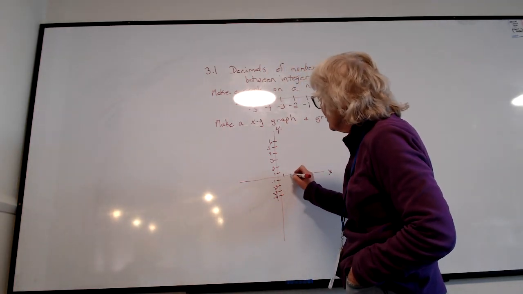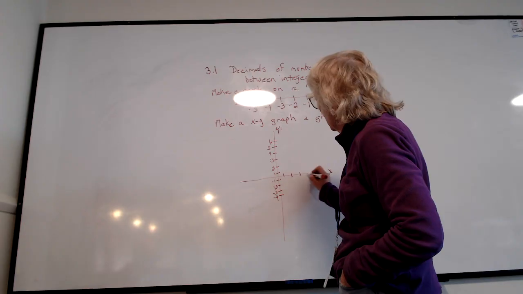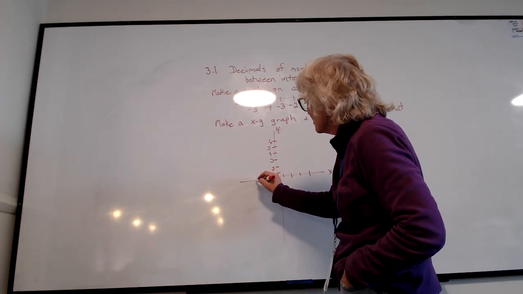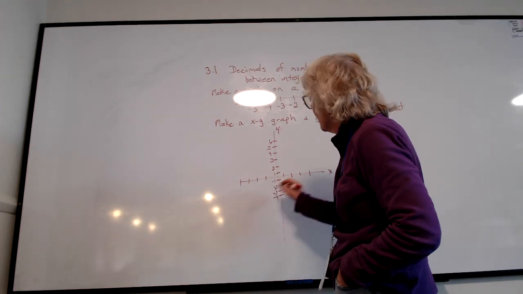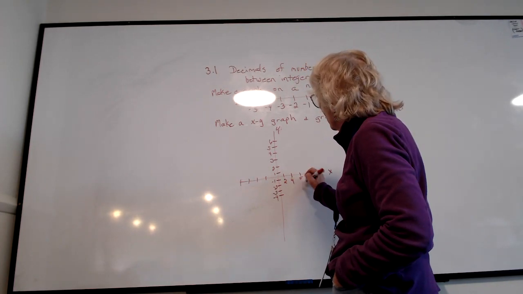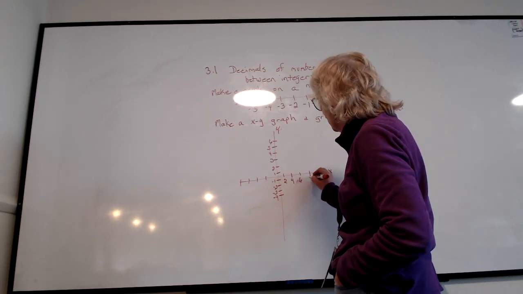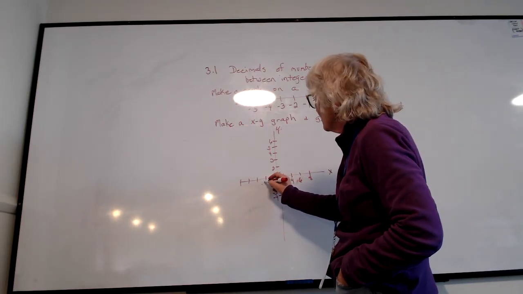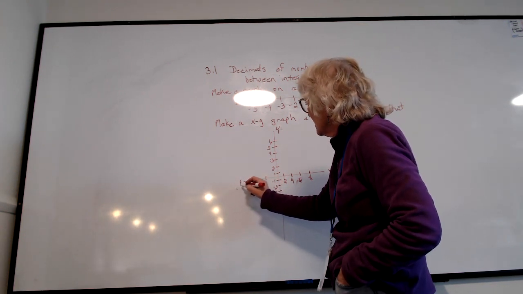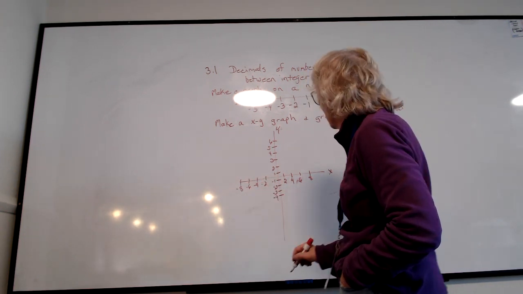However, we can change the intervals if we want on the other axis. So if I want to make the tick marks 2, 4, 5, or 6, I'm going up by 2s, and -2, -4, -6, -8, okay?